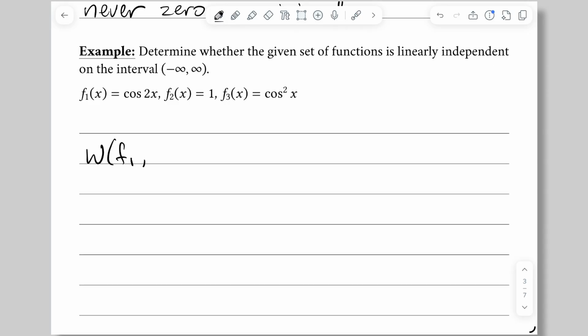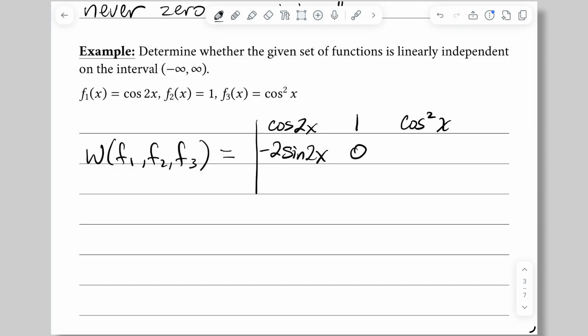W of f1, f2, and f3 is a 3 by 3 determinant where the top row is the cosine of 2x, 1, and the cosine squared of x. The second row is each of those derivatives. So the cosine of 2x has a derivative of negative 2 times the sine of 2x. 1 has a derivative that is 0.